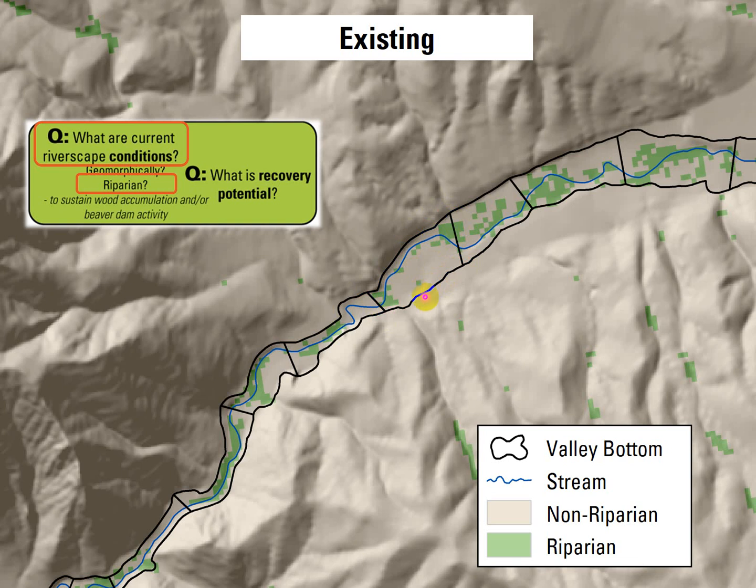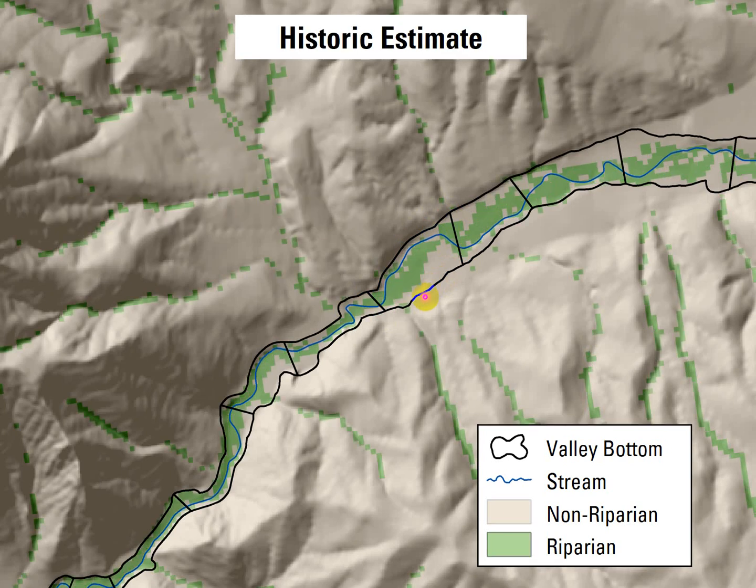In some of these places this model pretty much covers the whole valley bottom, but in other places it's not quite. This model is biophysical settings, a state and transition model that Landfire developed. It attempts to model what the pre-European disturbance vegetation conditions were. So what we have is something a little bit less than the whole valley bottom, and that's what we use as our upper bound, our expectation of what could be.